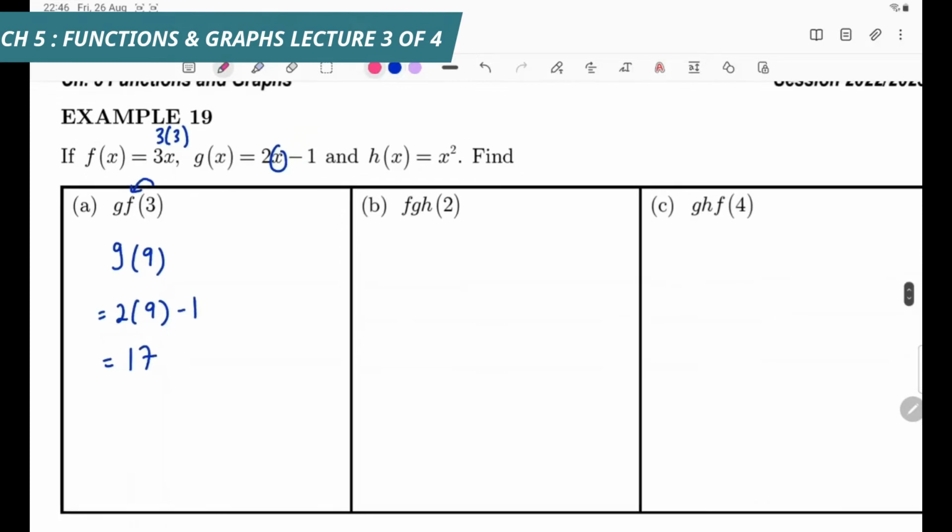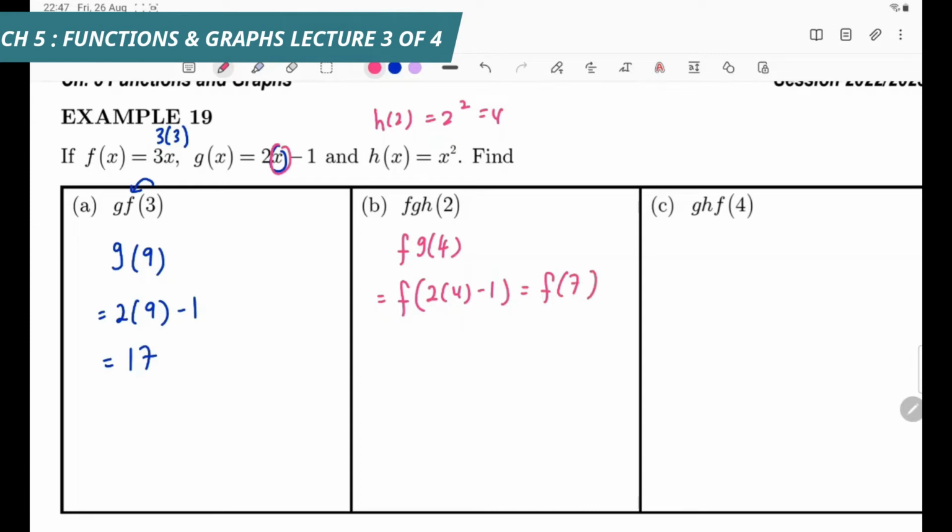Next, b, substitute 2 into h, so we have h(2) equal to 2 squared, which is 4. And then substitute 4 into g, so we're going to have 2 times 4 minus 1, which is 7.